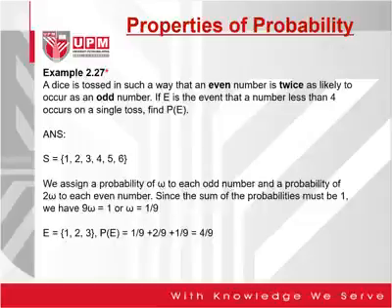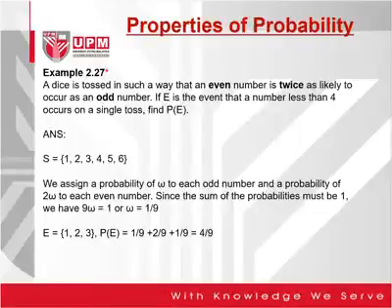The total number of possible outcomes is not 6 but 9, because the odd numbers count once while the even numbers count twice, so that an even number is 2 times more likely than an odd number.